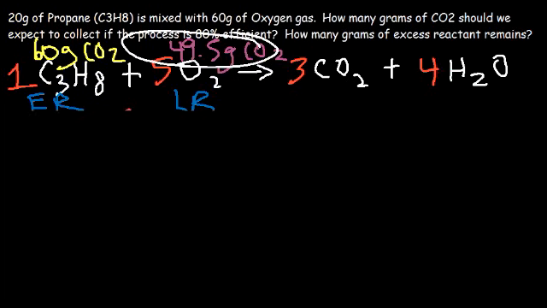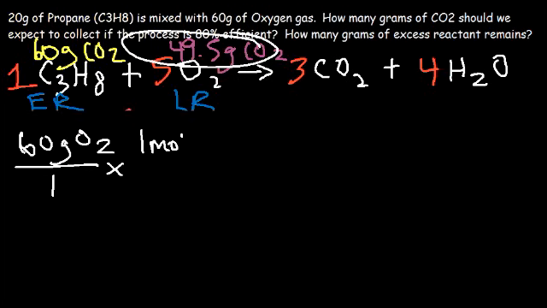Now let's calculate the amount of excess reactant that remains. In order to do that, we need to start with the quantity of the limiting reactant and convert it to the excess reactant. Since we have the grams of both reactants, we're going to do a gram to gram conversion. So let's start with the 60 grams of oxygen gas, and let's convert it to the grams of propane.